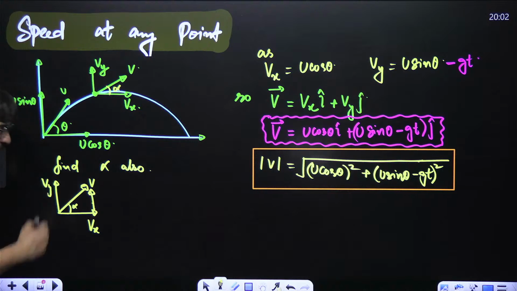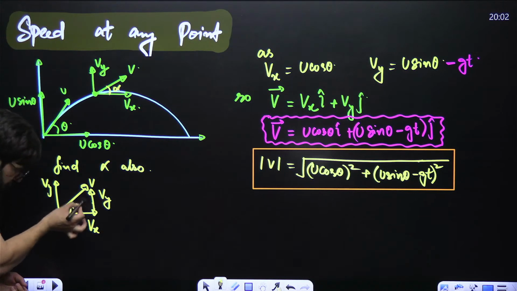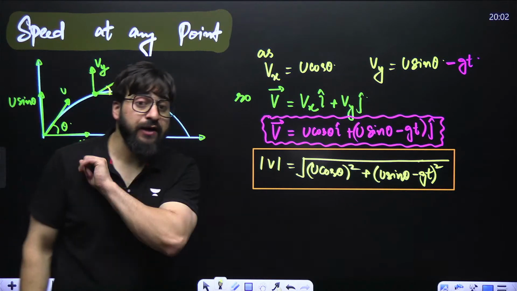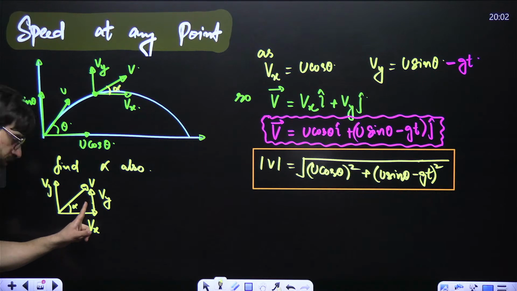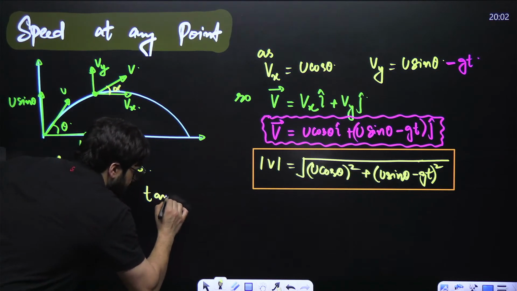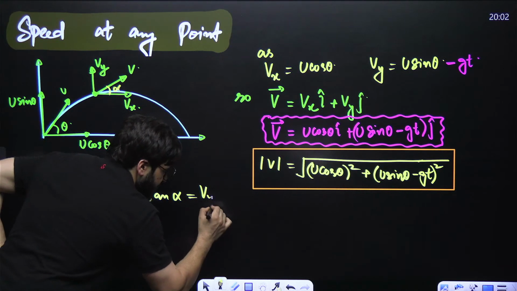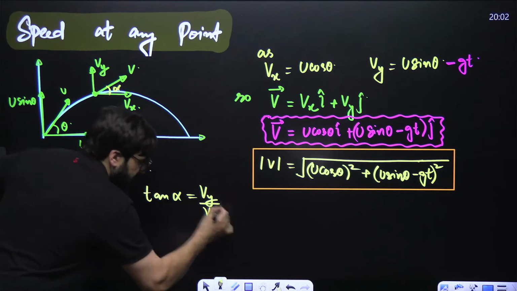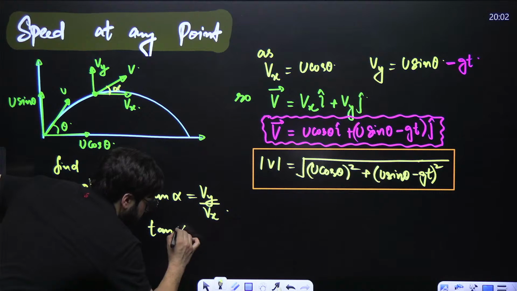It is what we call the parallel shifting of vectors. This is Vy. Now, tell me from this triangle, what is the value of tan alpha? Tan alpha is perpendicular by base, that is Vy divided by Vx.